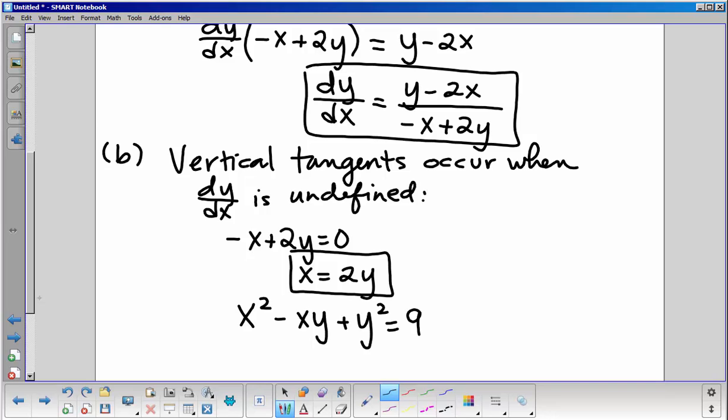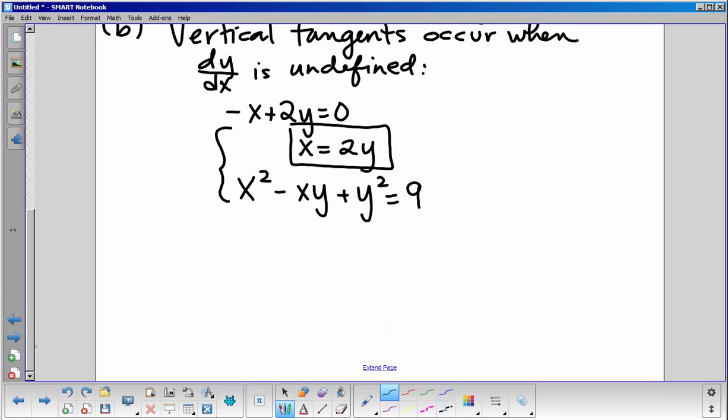Right? So the xy has to satisfy this, and it has to satisfy this. So this is a system. How do we solve a system? Substitution.